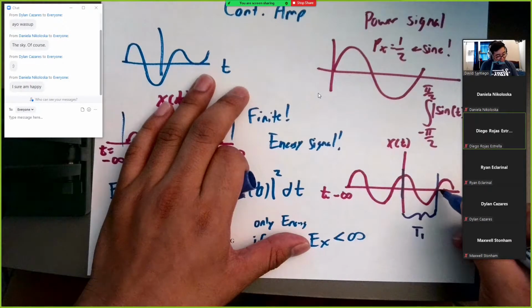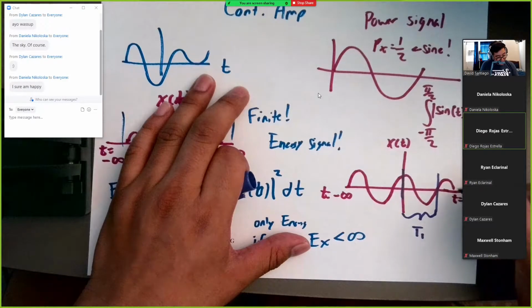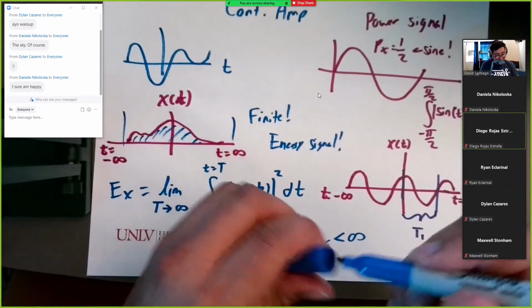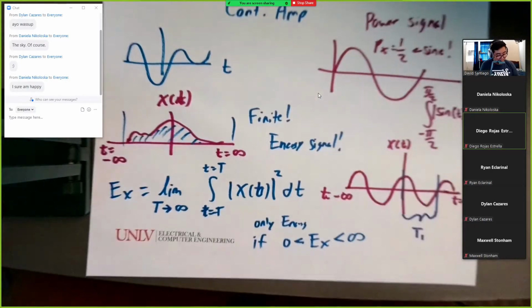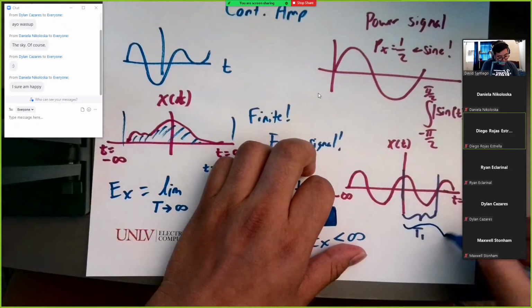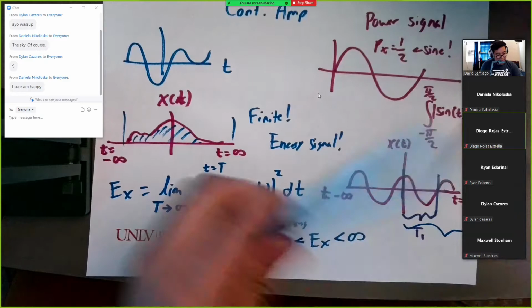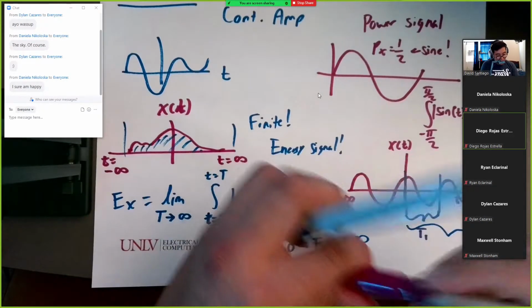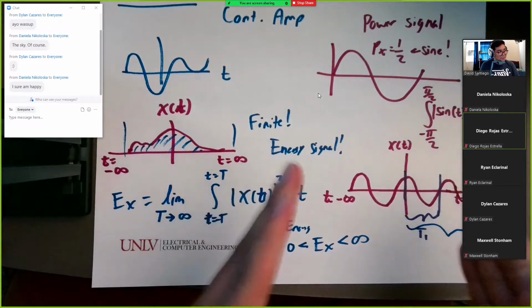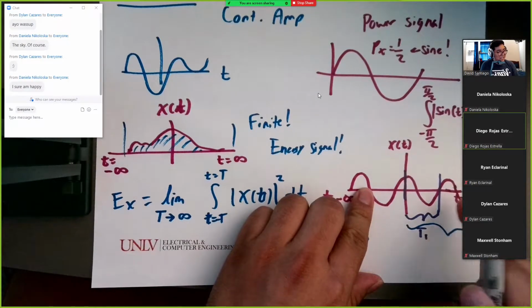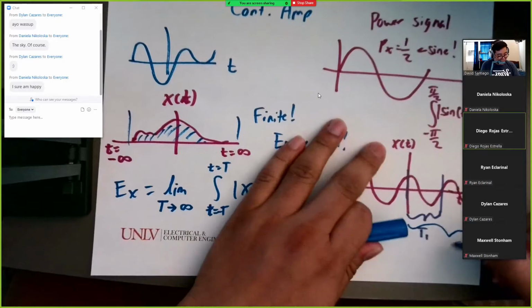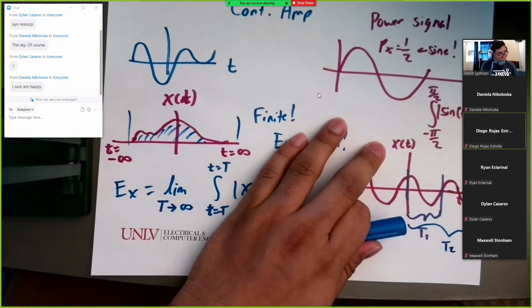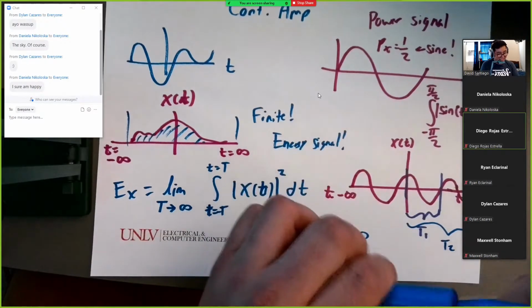However, if we want to keep going, instead of adding this, we're going to add this. As we keep going to infinity, how do we keep this signal from going to infinity? We just divide it by a bigger time, t2. Now you see the pattern, right?